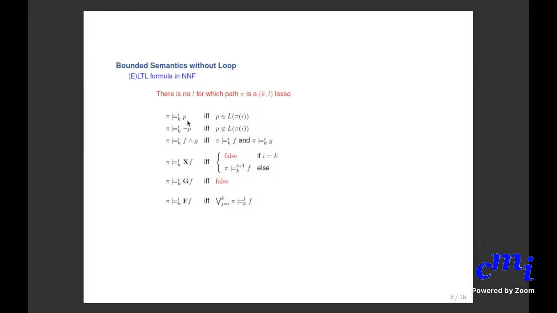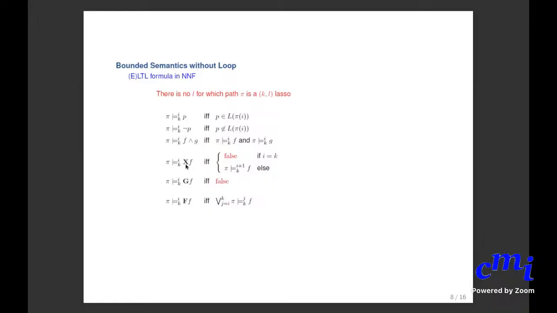Now for the case where it's a predicate P or not P, you can check if it is true at that location. Then obviously it is true for the infinite path, which is an extension of the k-long prefix.